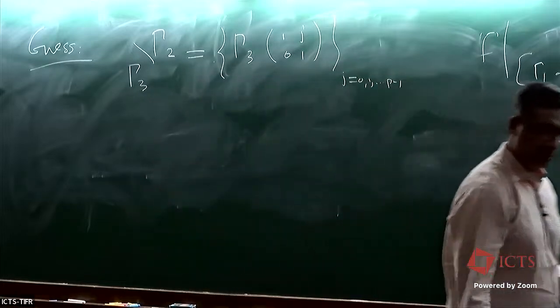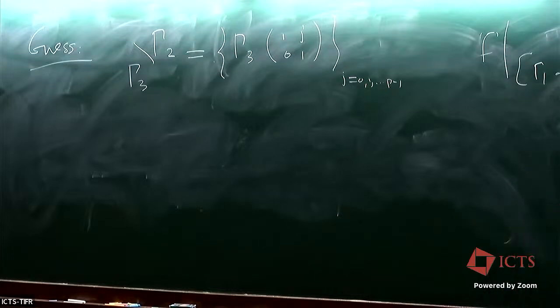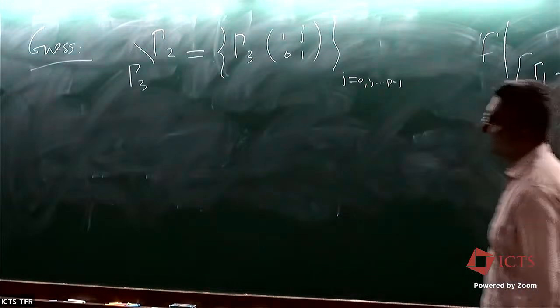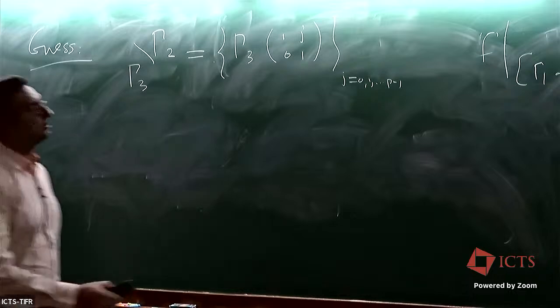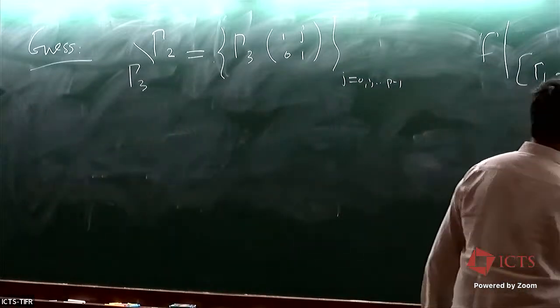And this almost works. In fact, it even works if p divides N, where N was the level and p was the prime. But it doesn't work if p doesn't divide N. Let me explain why.